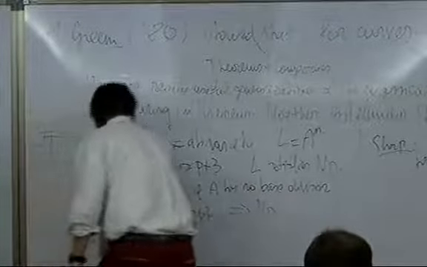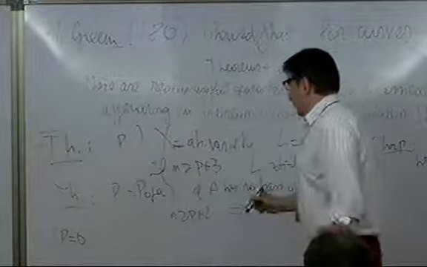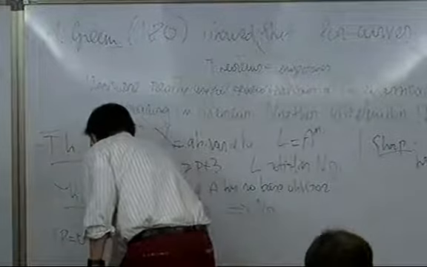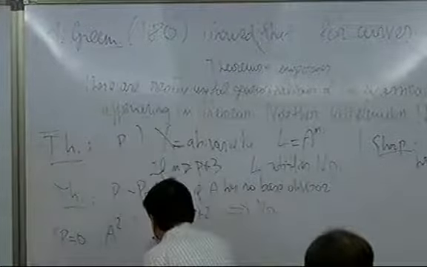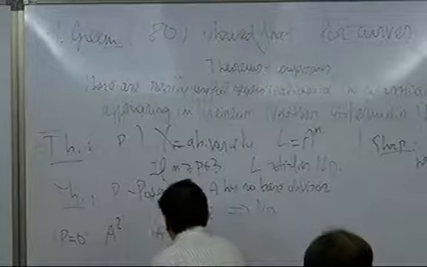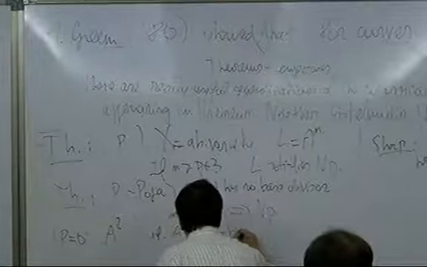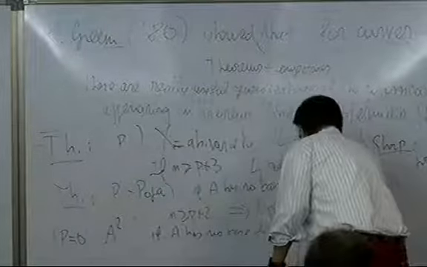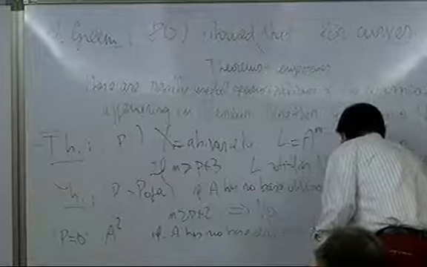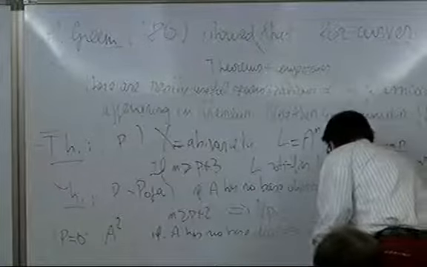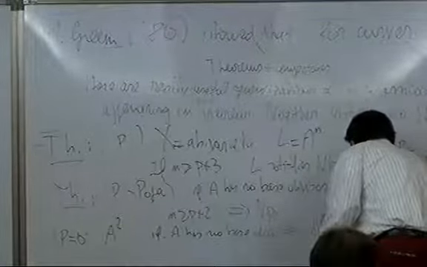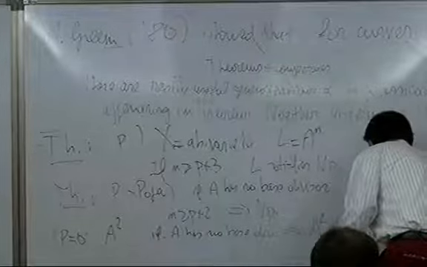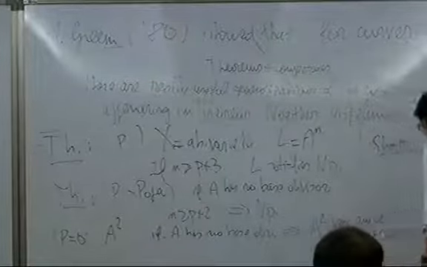So for example, the case p equal to 0 was also classically known. For p equal to 0, we have a square of a line bundle, and if A has no base divisor, then A squared is very ample, in fact, and projectively normal. This is a theorem, also of the 80s, of Ohbuchi.